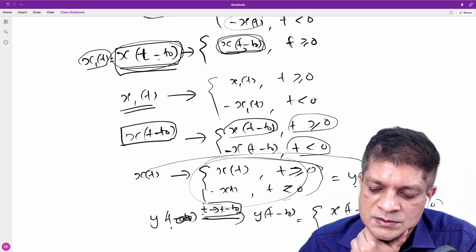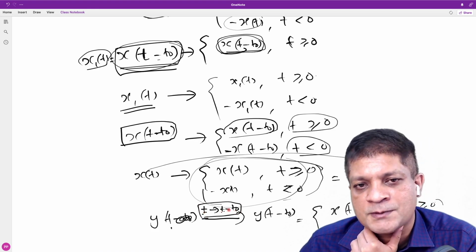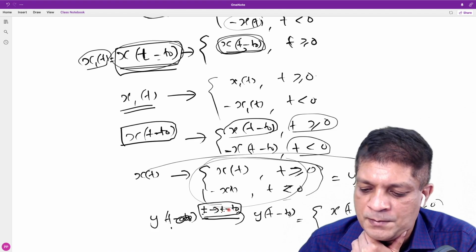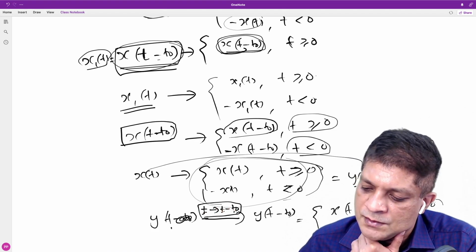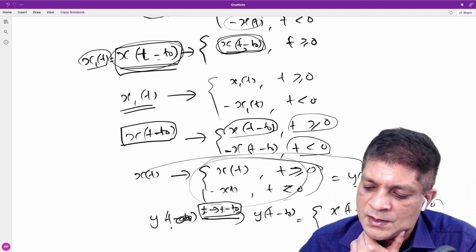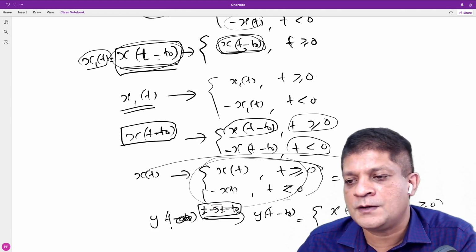The operation is replace t with t - t0 everywhere in that expression. That is the time delay operation. Replace the independent variable t with t - t0. So here also you have to replace, and then minus x(t - t0) for t - t0 less than 0. Is it that?